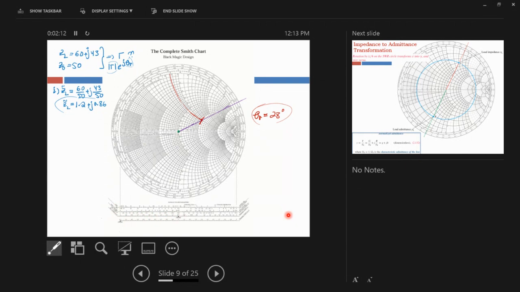Reflection coefficient, right? So you follow that, it comes to this line that is the center. Now you remember you have 2 marks on your scratch paper. What I want you to do now is use one of the marks and mark it at the center.